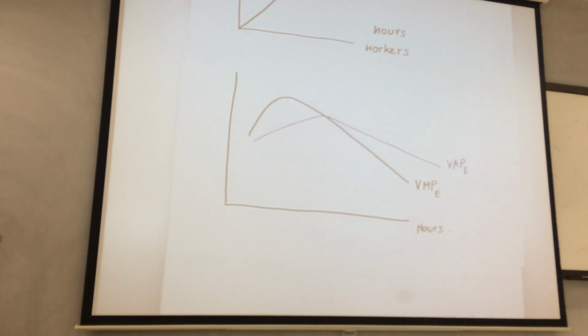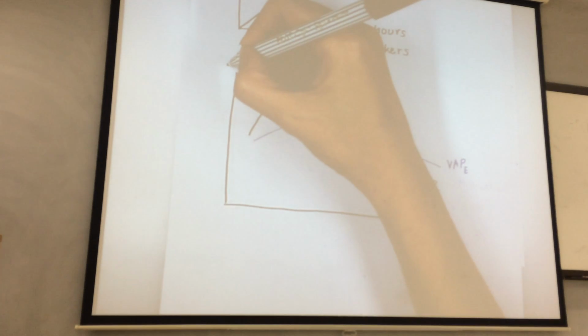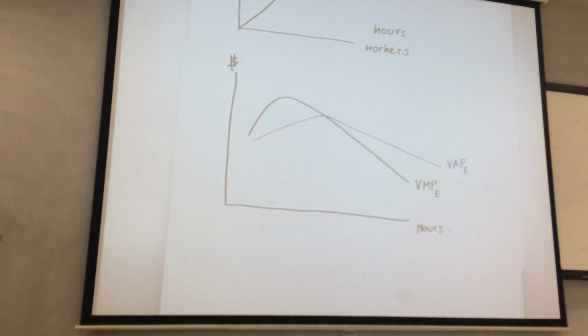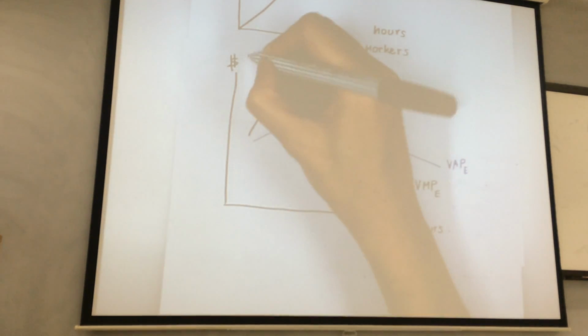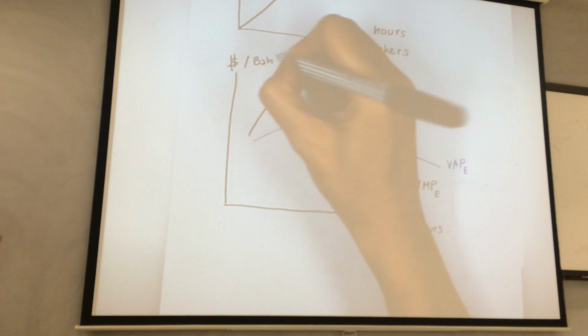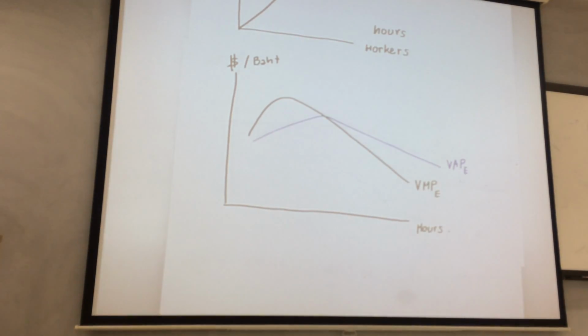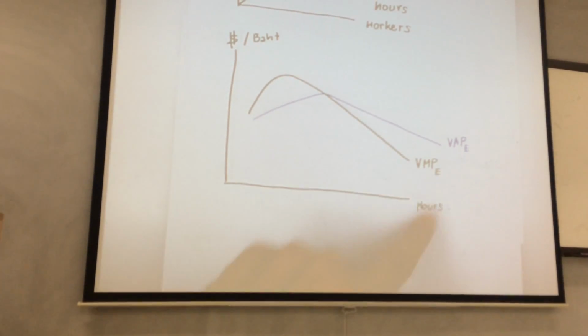So if you do hours, or if you like to do workers, fine, just change into L or something, still the same graph. But this one will be in monetary units, just for the sake of making it easier, as dollars, or baht if you like. Either one, fine.